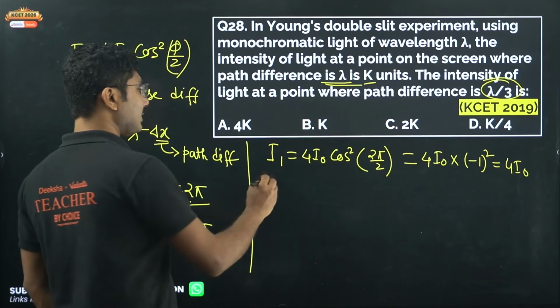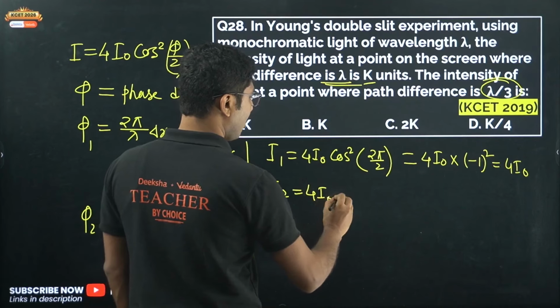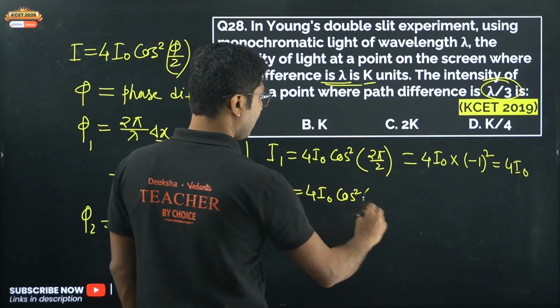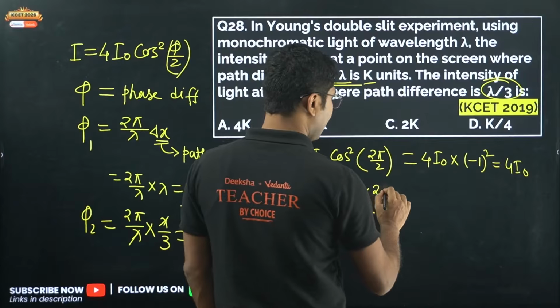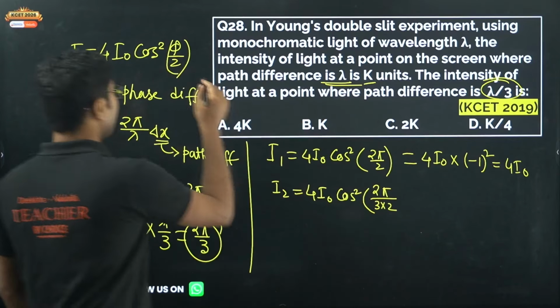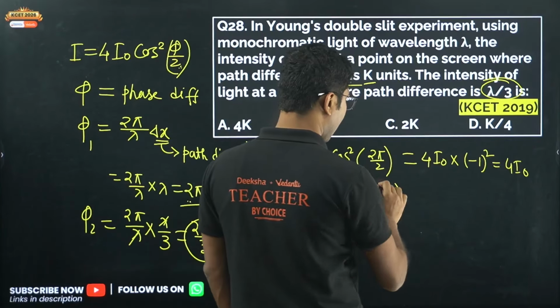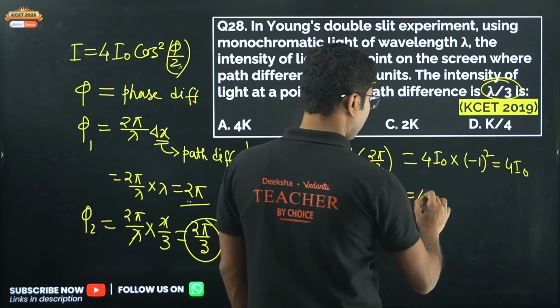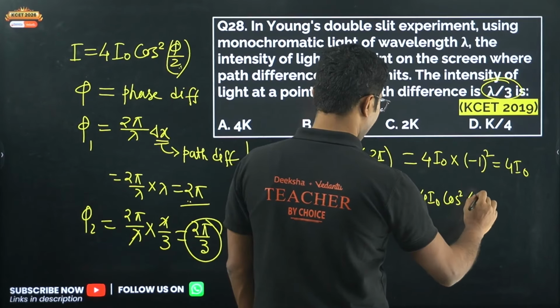What is the final intensity? Final intensity I2 equals 4I0 cos square. Okay, now we have the angle 2 pi by 3. So 2 pi by 3 divided by 2, because there is a by 2 over here, right? So 2 cancels, we get 4I0 cos square pi by 3.